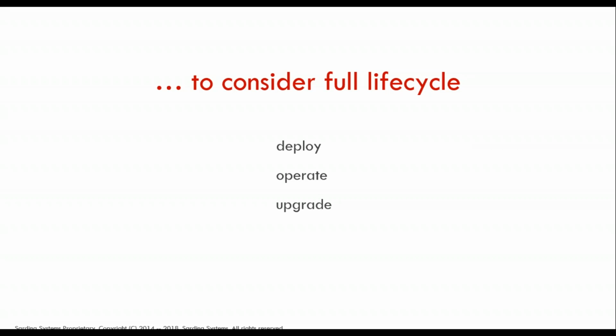And we have to consider the full life cycle of the system, from deploy into operate and subsequently into upgrade. Now, for some technologies, this life cycle from deploy into operate into upgrade can be quite long. But in OpenStack, that is just 6 months at most.